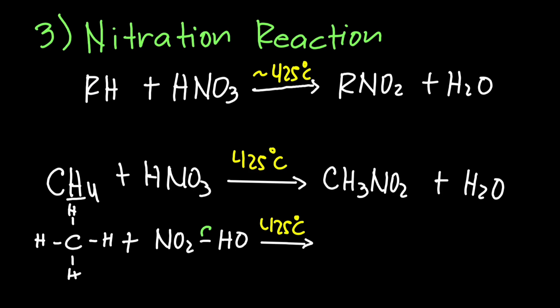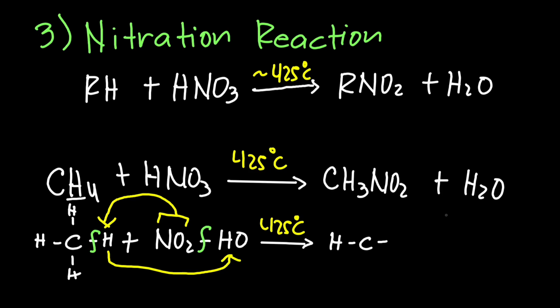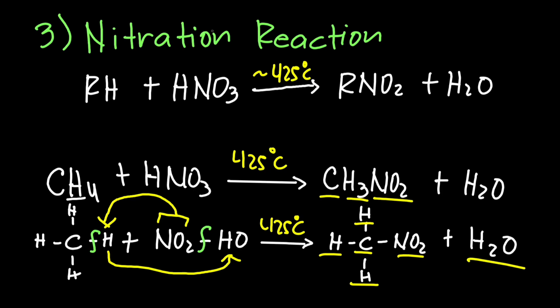The NO2 and HO bond would break, and the C-H bond here would break, and the NO2 here would replace the H in there, and the H here would react with the remaining HO. So this would be like this. C here would be reacting now with NO2, and the remaining one would be forming into water. If we want this to be condensed structural formula, we have 1 carbon, 3 hydrogen, and the NO2 there, and we have the H2O.